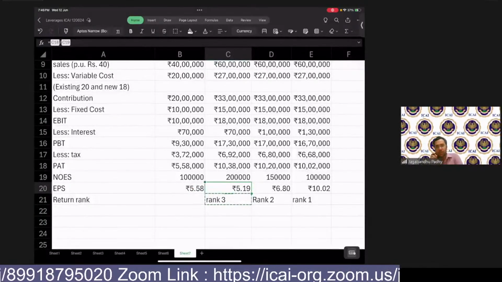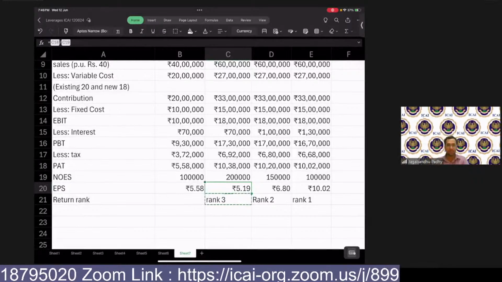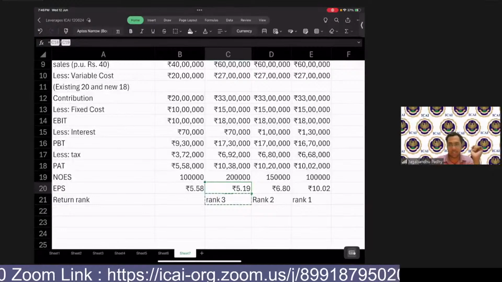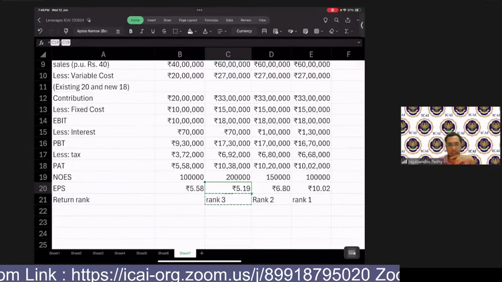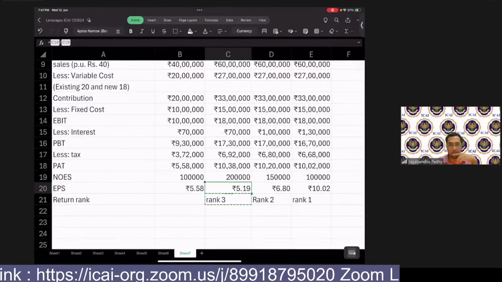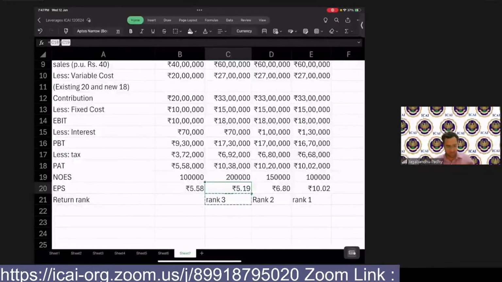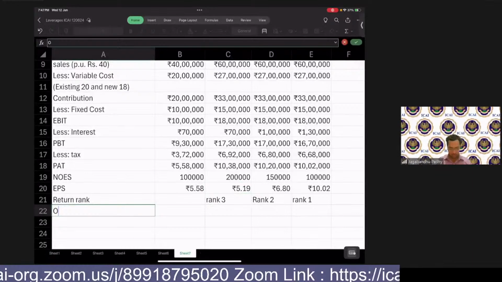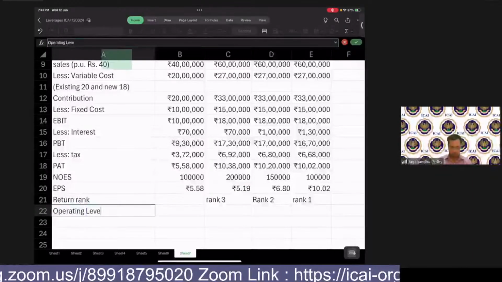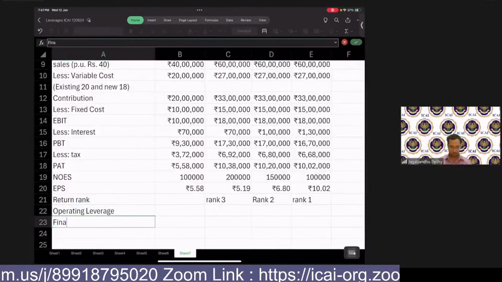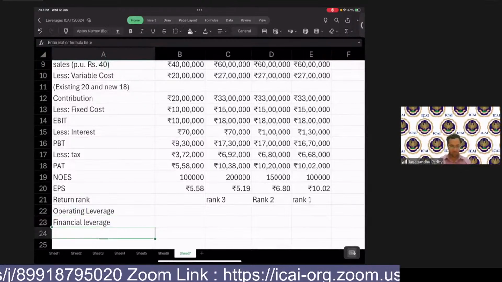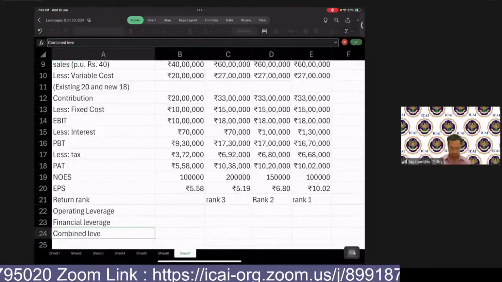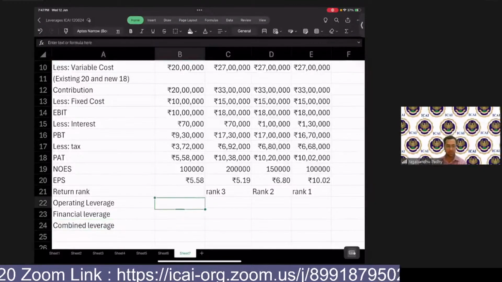Now, we need to also calculate the risk aspect. We have the income statement in front of us. As you know, risk has to be computed taking into account the leverages. So I want you to use this income statement to calculate operating leverage, financial leverage, and combined leverage.